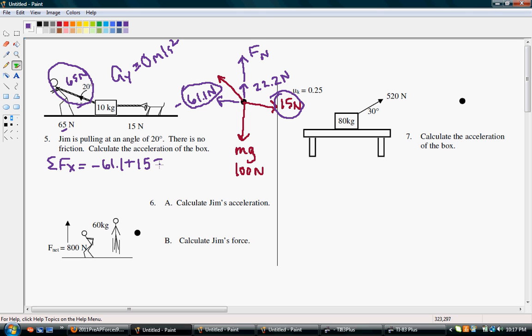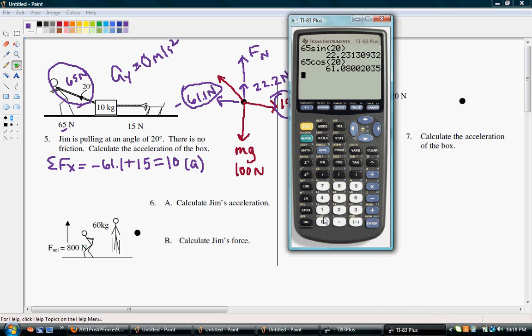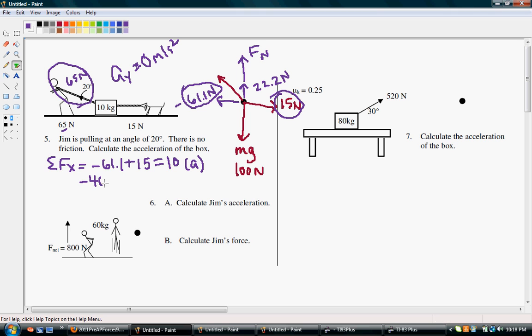And the sum of our forces equals mass times acceleration. Well, our mass is 10, and we're trying to solve for the acceleration of the box. So negative 61.1 plus 15, let's go ahead and plug that in. We get negative 46.1, and that equals our mass times our acceleration.